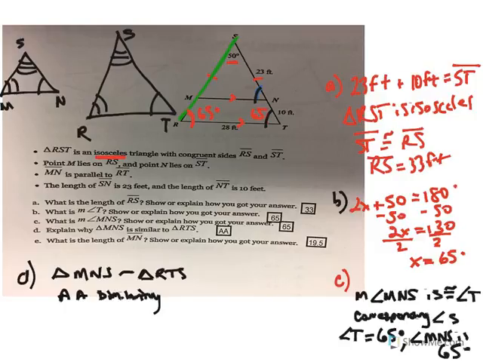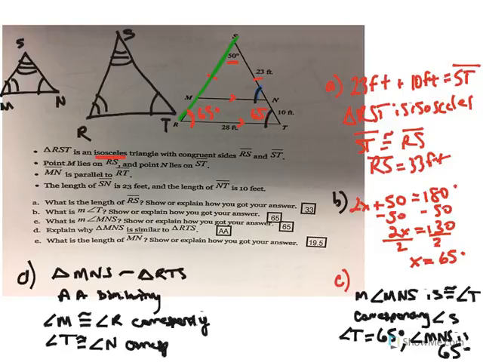And the two angles that we found to be congruent were angle M is congruent to angle R because they are corresponding, and angle T is congruent to angle N because they are corresponding. So we know that those two triangles are definitely similar.